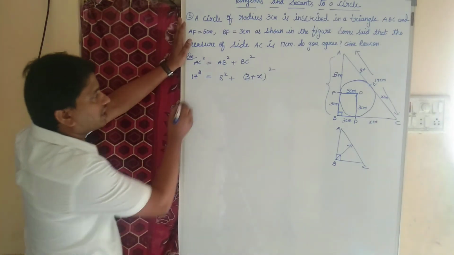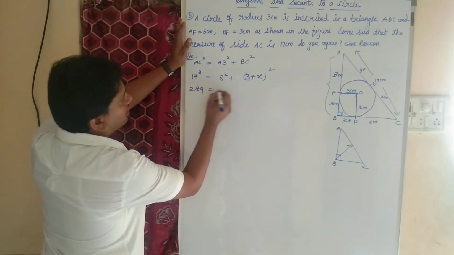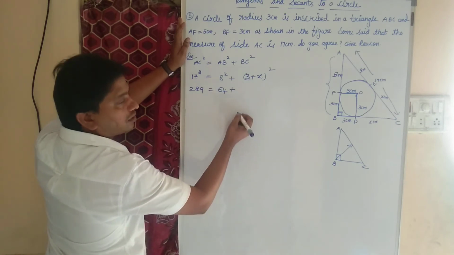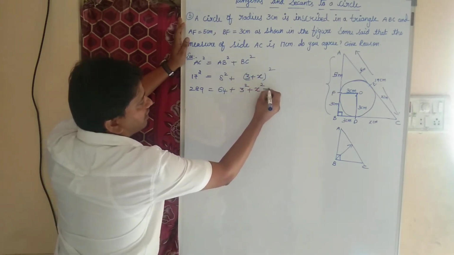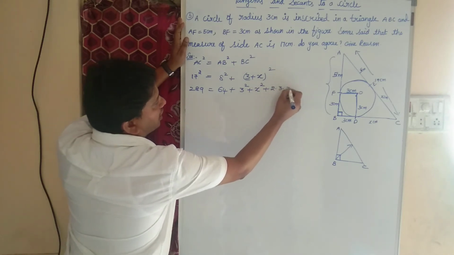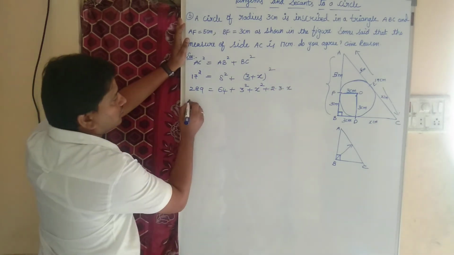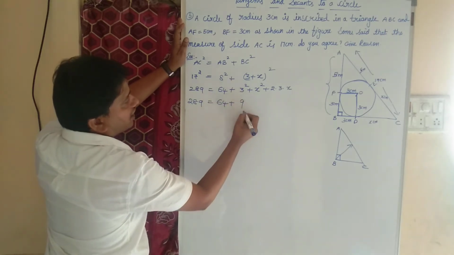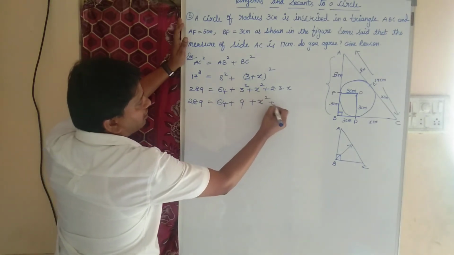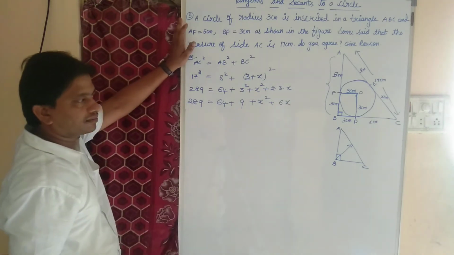So 17 square is 289. 8 square is 64. A plus B whole square is A square plus B square plus 2AB. So 289 equal to 64 plus 3 square, 9, plus x square plus 2 into 3 into x, which is 6x.